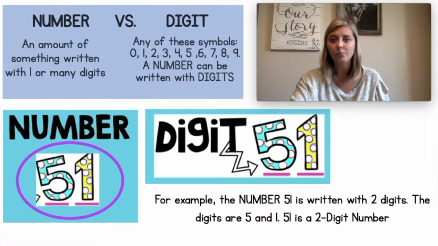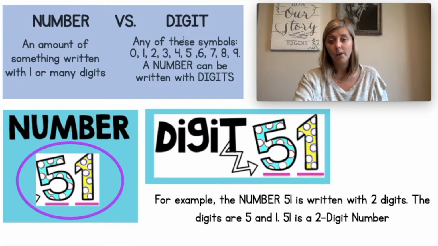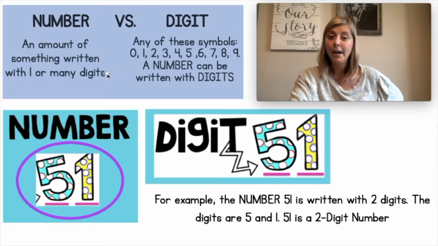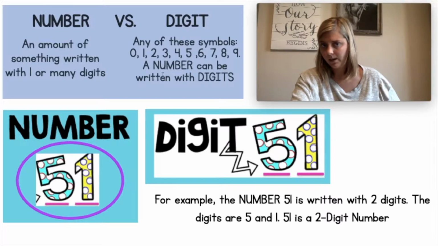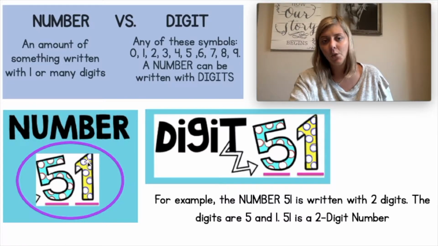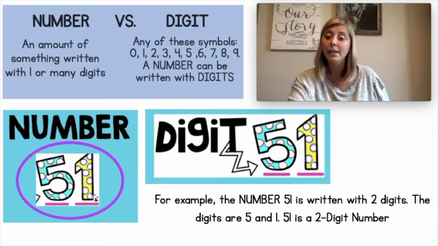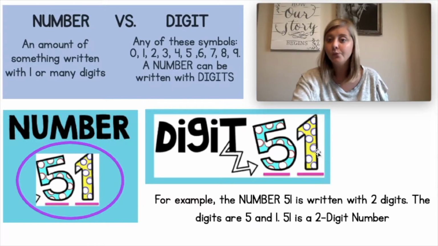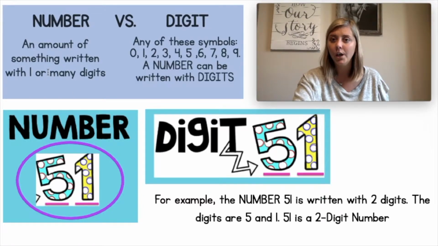It's any of these symbols: 0, 1, 2, 3, 4, 5, 6, 7, 8, or 9. And a number can be written with digits. So here's our example right here. It shows 51. 51 is a number, and it has two digits in it. It has a 5 and it has a 1. So 51 is a two-digit number.